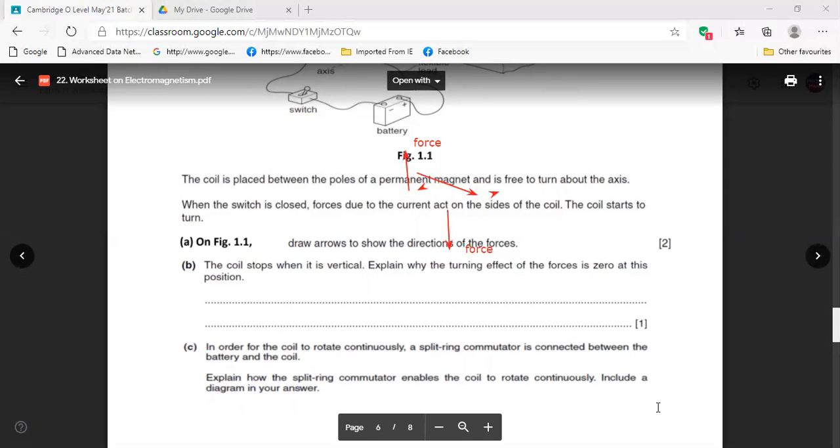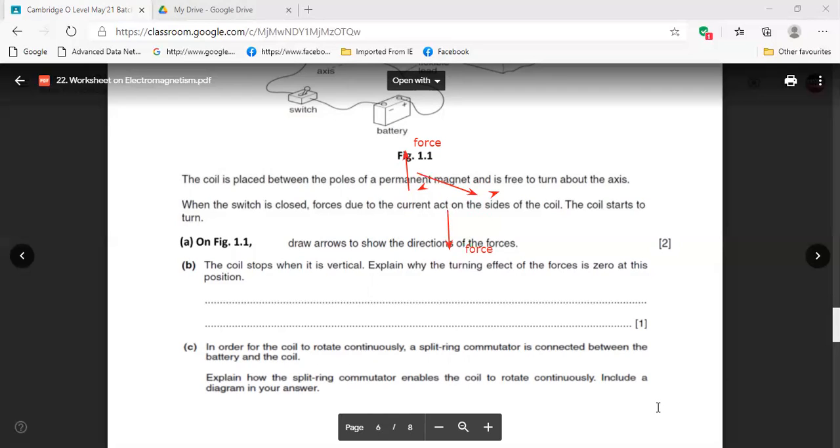The current flowing through the conductor has one magnetic force, and we already have another magnetic force. When they do not overlap, that time we are having turning effect.